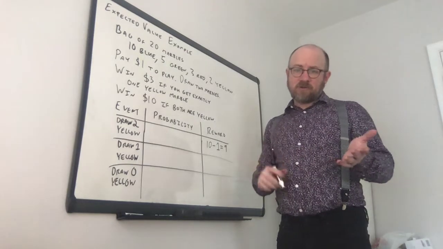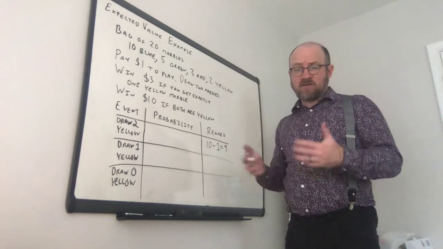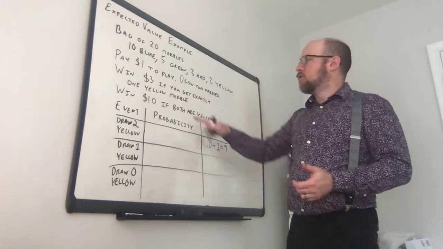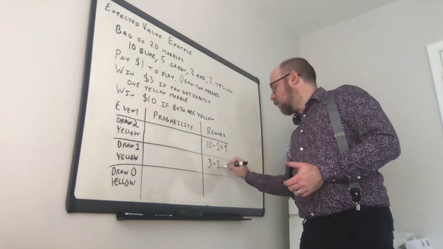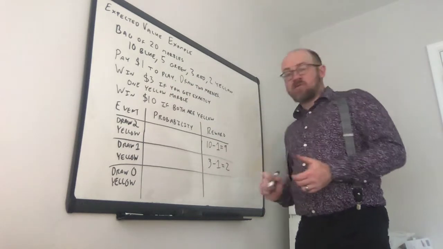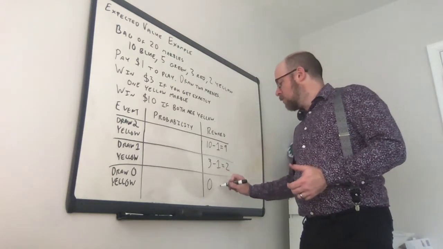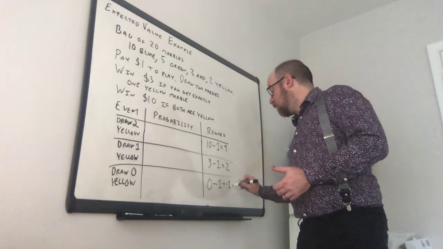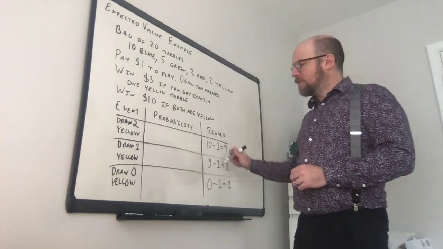Similarly, if you draw 1 yellow, you win $3 minus the 1 that you paid to play, so $2 overall. And if you draw 0 yellow, you win $0 minus 1, so negative $1 is your reward. So the rewards are the easy part.